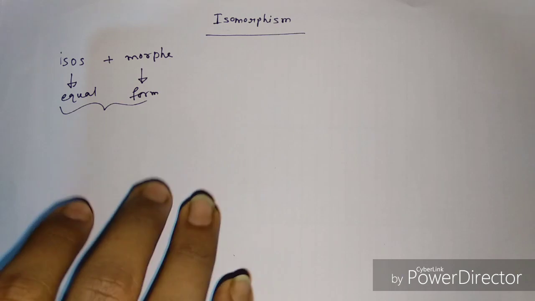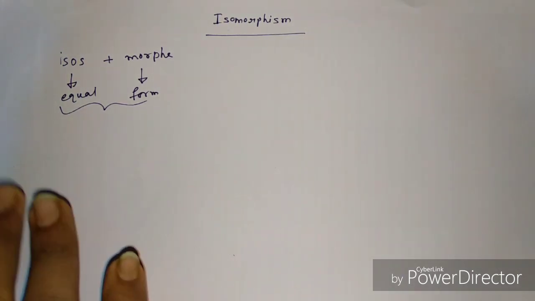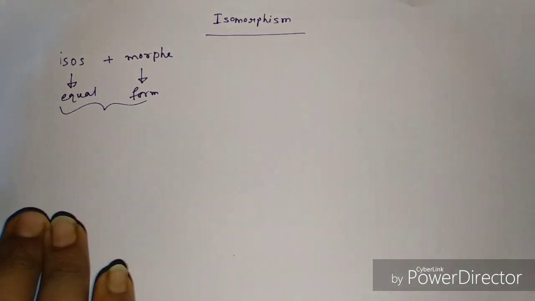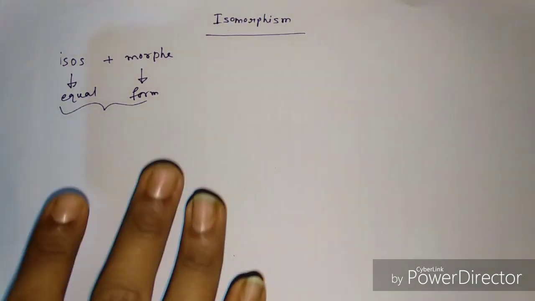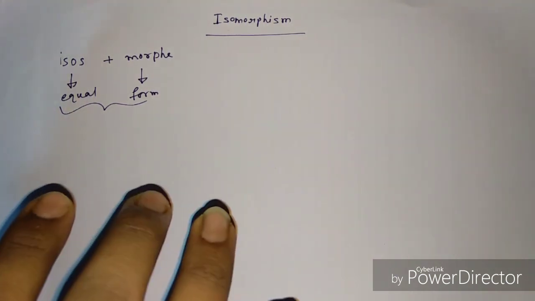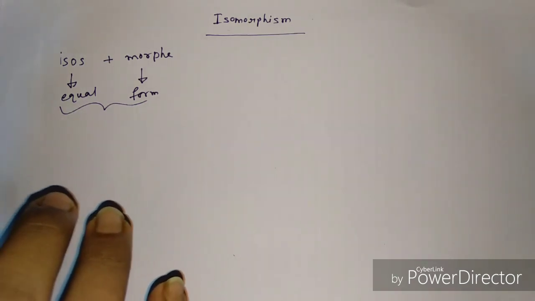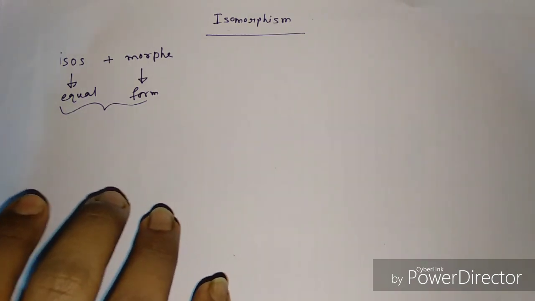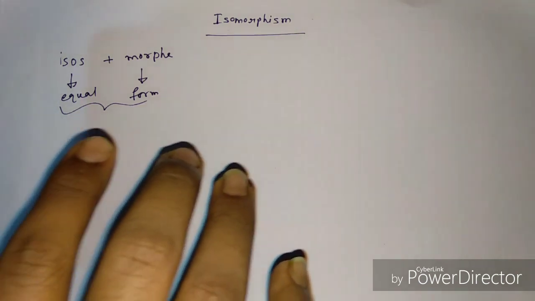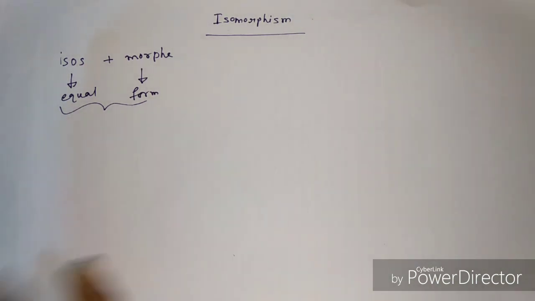Those three are corresponding isomers, and here also those two or three are isomorphous crystals. This phenomenon is called isomorphism. In one line, isomorphism is the phenomenon in which crystallization of more than one compound occurs simultaneously.